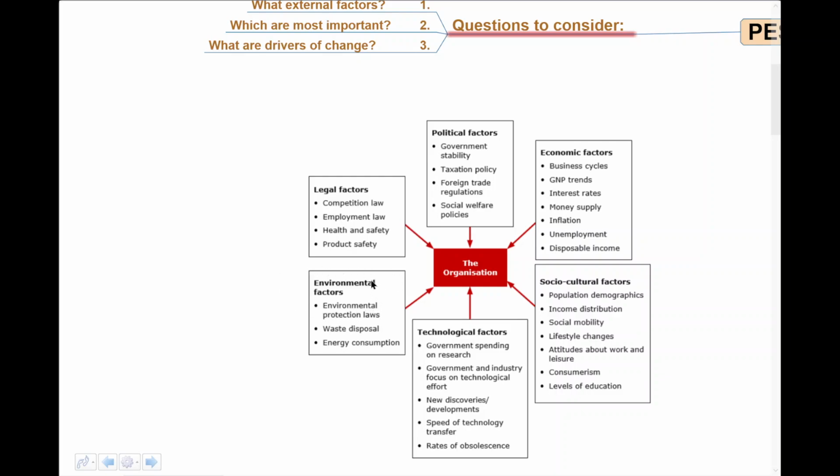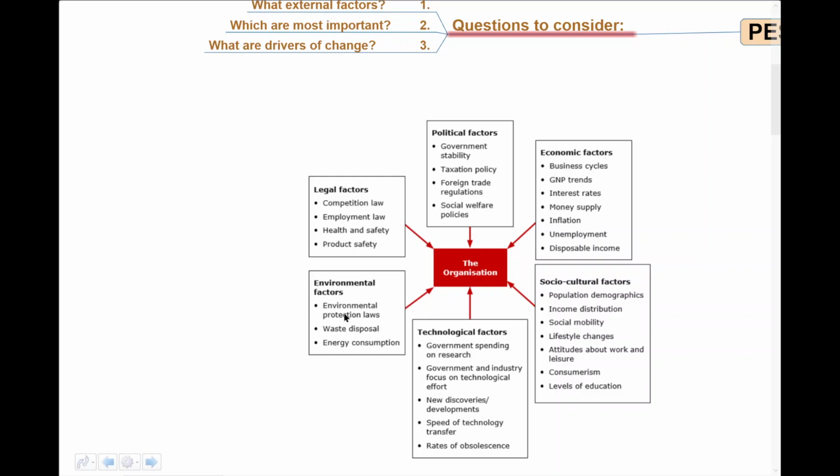Now, this is quite important because certainly the environmental factors, I'm talking about things like emissions. I'm talking about things like being pro-CSR, environmentally friendly, looking at carbon targets, etc. This is an area that has become more and more in play for businesses in a number of different ways, particularly businesses that are involved perhaps in manufacturing. So again, environmental protection laws, are we adhering to them?